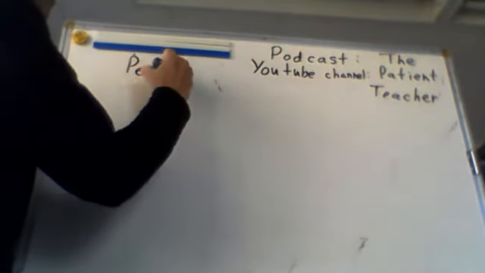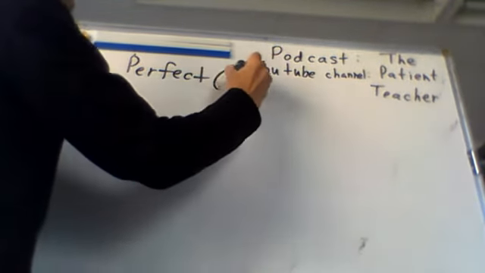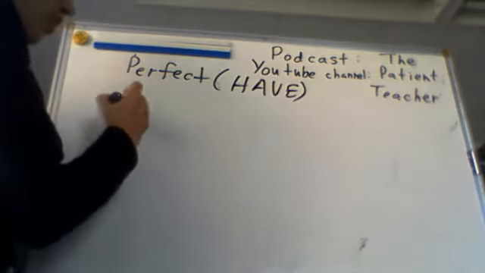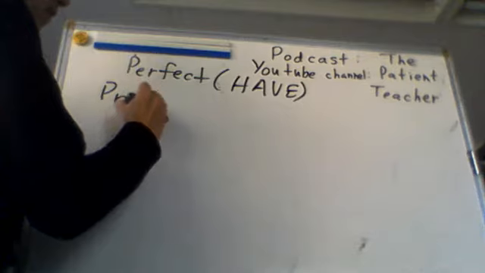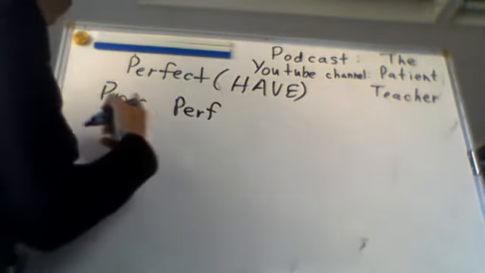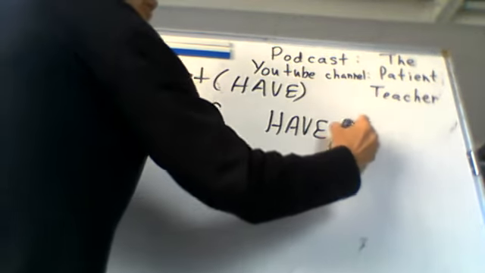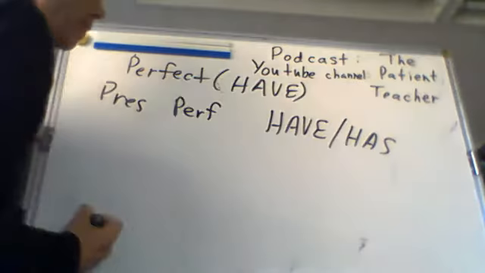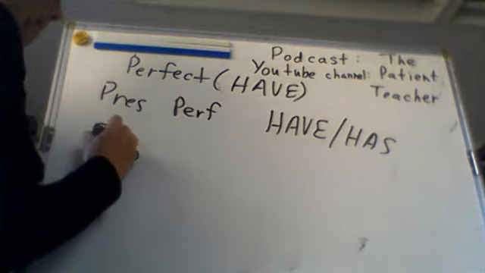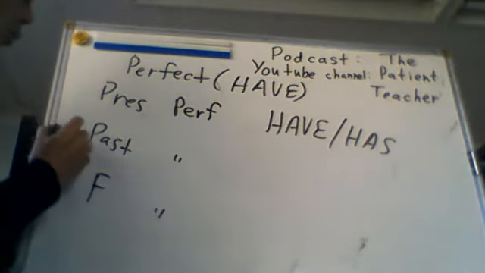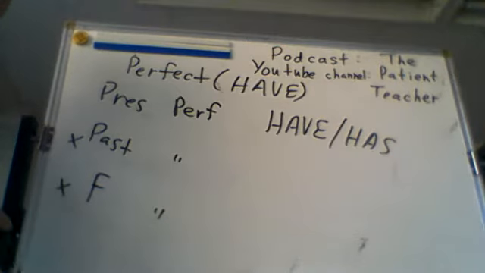The perfect tenses use the verb have. Okay? So present perfect. What's the present of have? Have. Or in the third person, has. Now, past perfect and future perfect, you'll very rarely use it, okay?